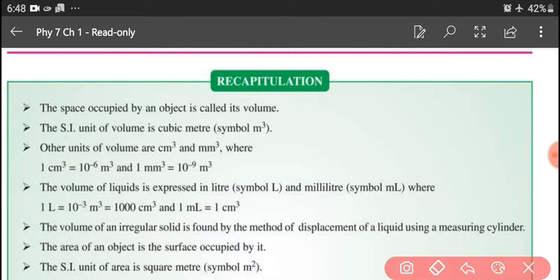The smaller units of volume are centimeter cube and millimeter cube. Please underline it.